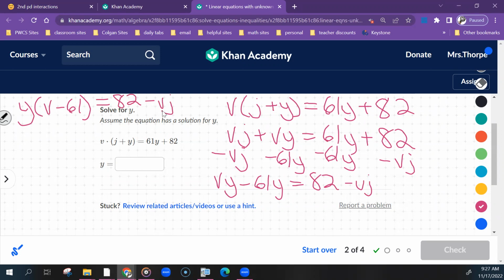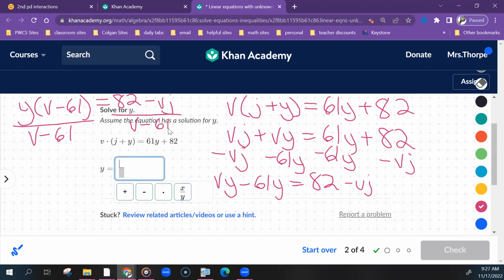And then our last step would be to divide what's inside the parentheses. So this would be a fraction: 82 minus VJ all over V minus 61.